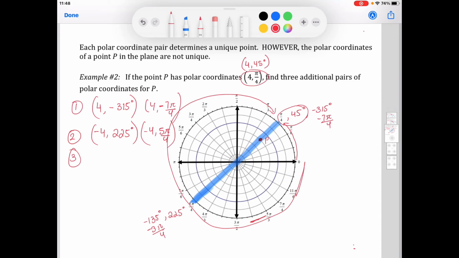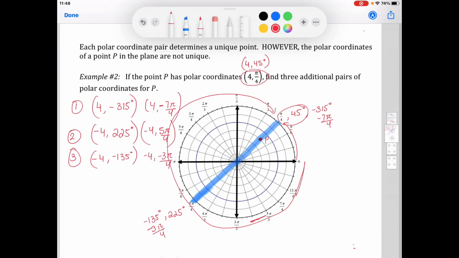And number 3 is 5 pi over 4 if I'm going in counterclockwise direction. If I went in clockwise direction, it'll be negative 4 comma, we already wrote it, negative 135 degrees, which is same thing as negative 4 comma negative 3 pi over 4. So these are how you write out multiple ways or additional ways of the same polar coordinate.